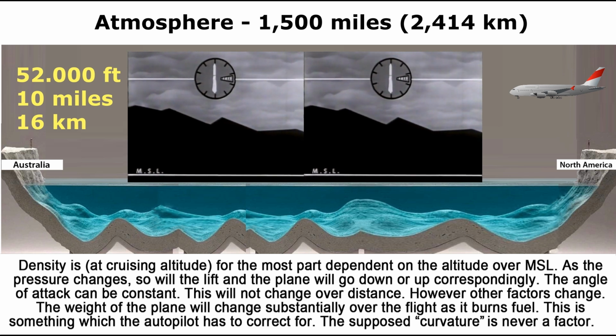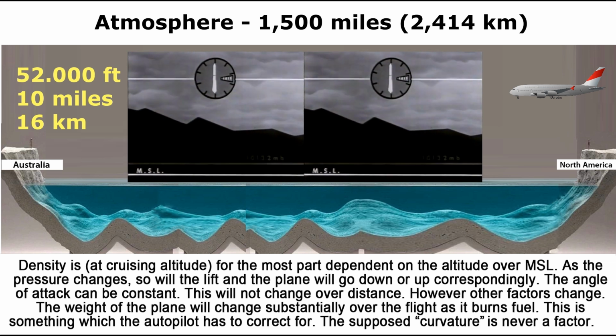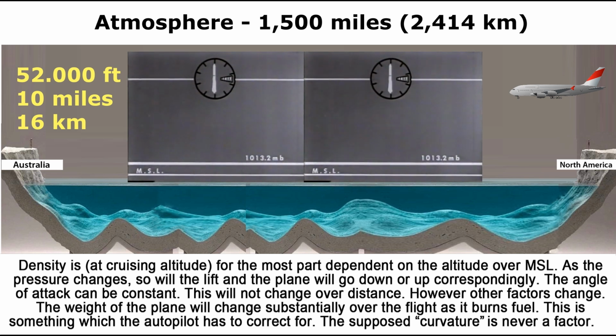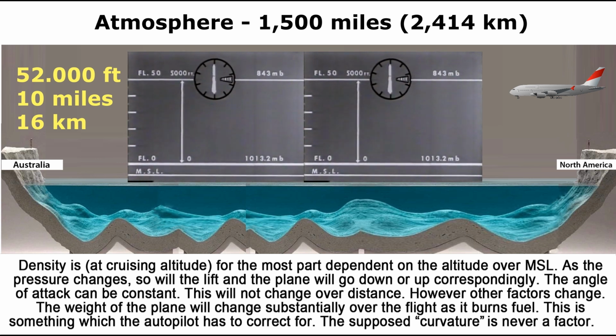The altimeter is therefore measuring the vertical distance above the 1013.2 millibar level. Since his instrument is calibrated to the standard atmosphere, it will sense a pressure of 843 millibars at flight level 50. His altimeter therefore indicates 5,000 feet above the 1013.2 millibar level.